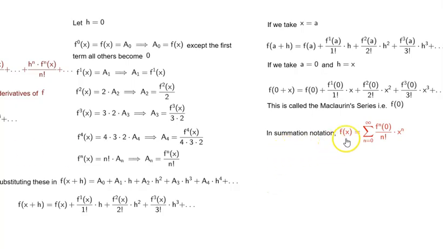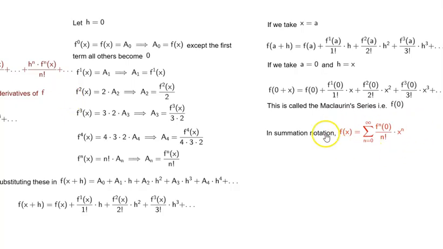So in summation notation, this becomes f of x is equal to the sum, as n goes from 0 to infinity, of fn of 0 by n factorial times x to the power of n. So this becomes the Maclaurin series short form, or the summation notation.